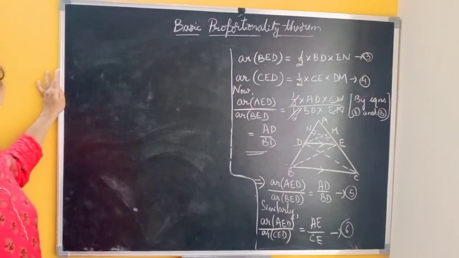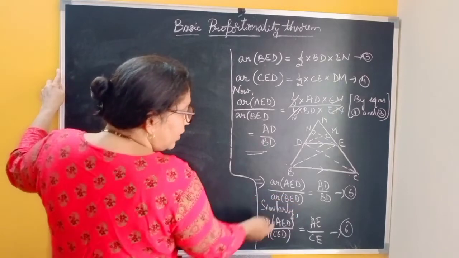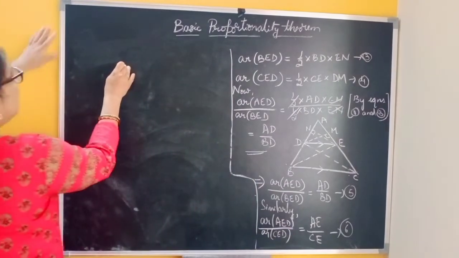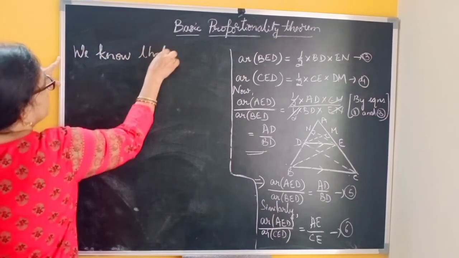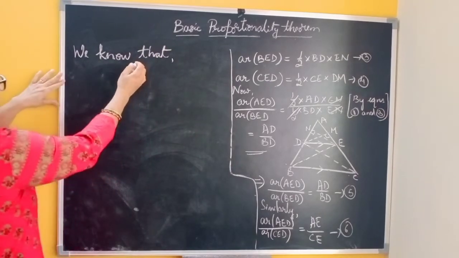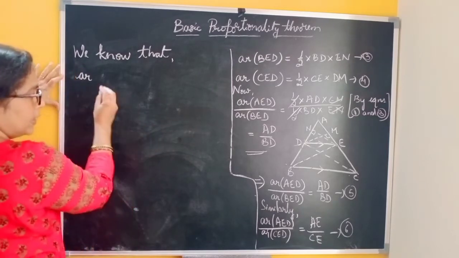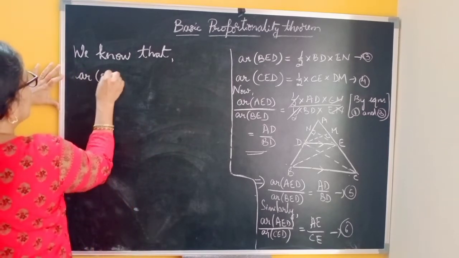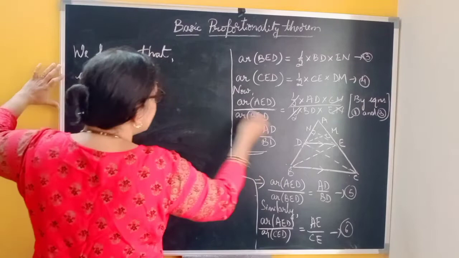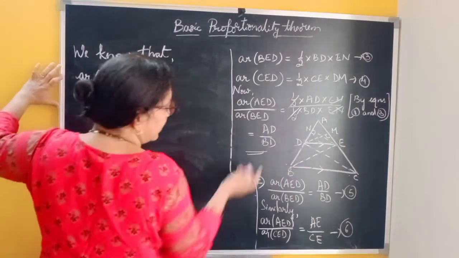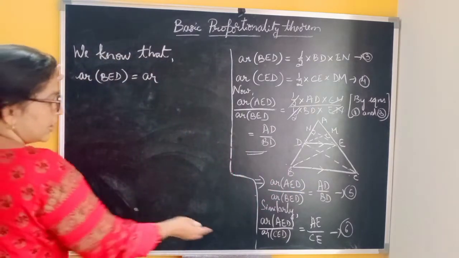So what do you say about the area? Obviously they should be equal. So using that we can prove this now. We know that area of triangle BED is equal to area of triangle CED. We could also write BCE, but here we have written CED.